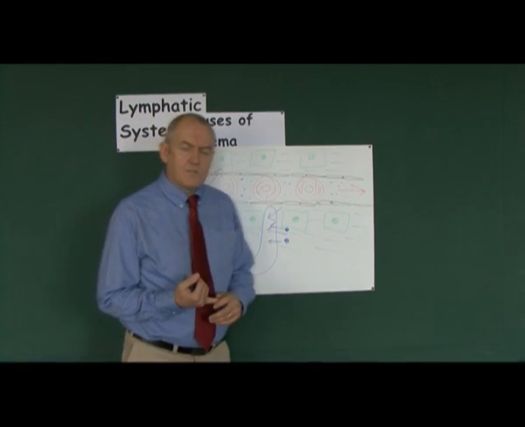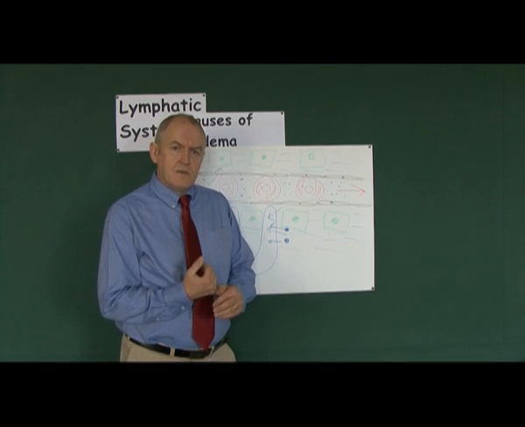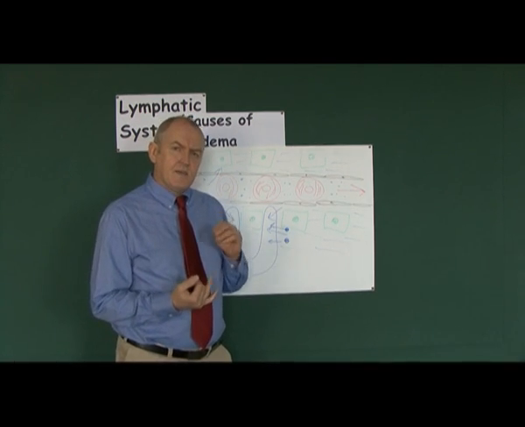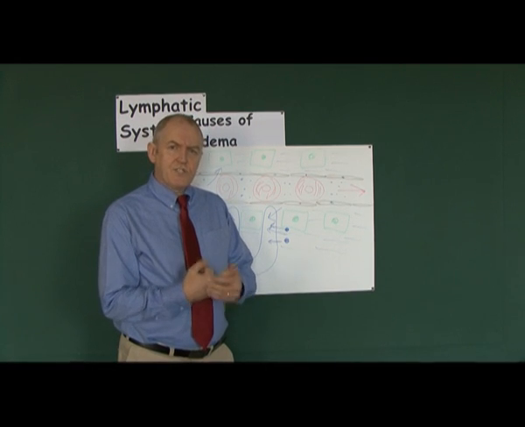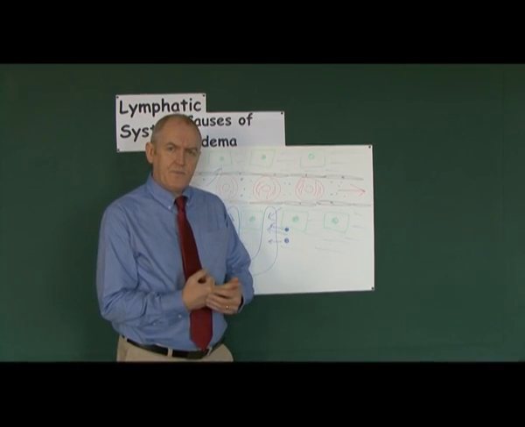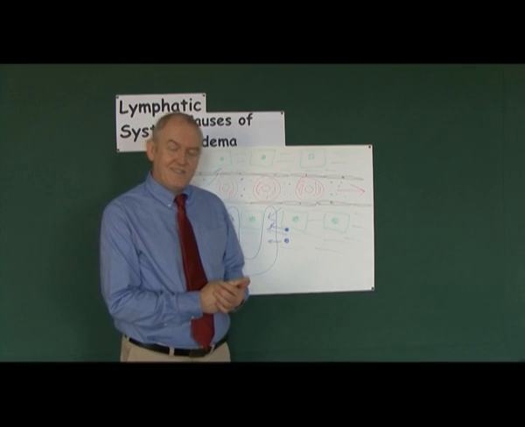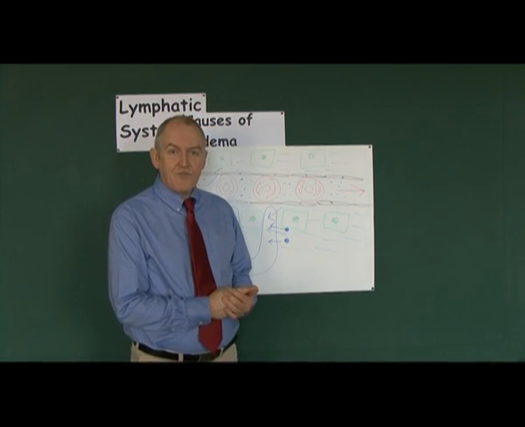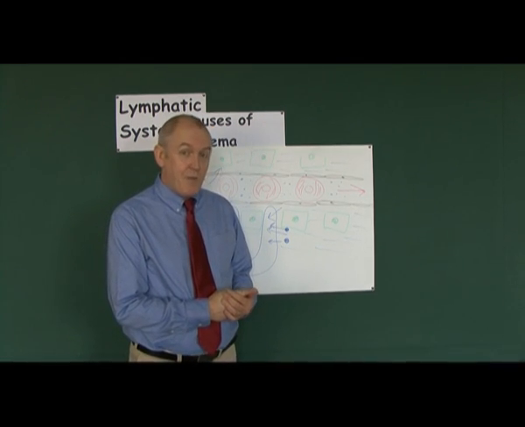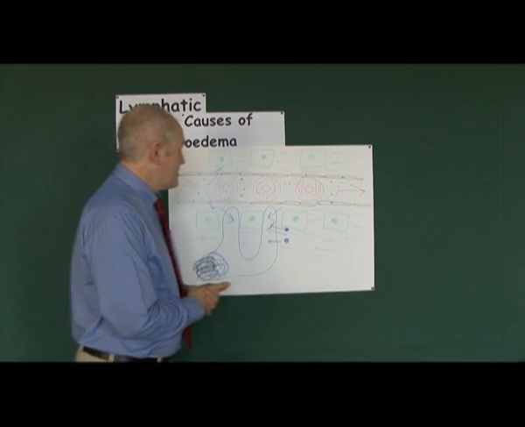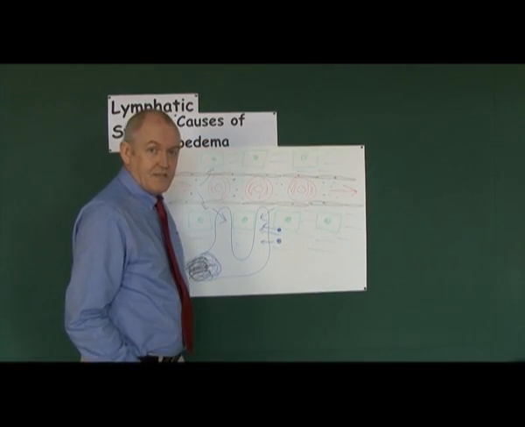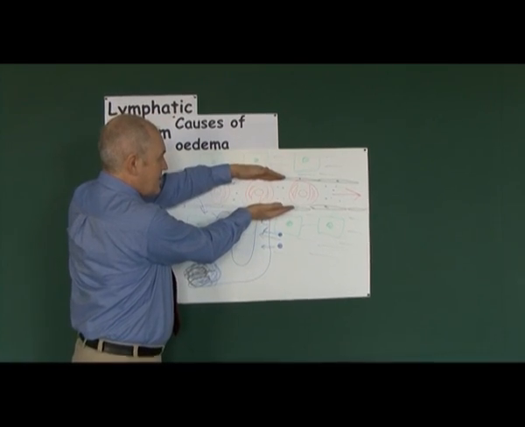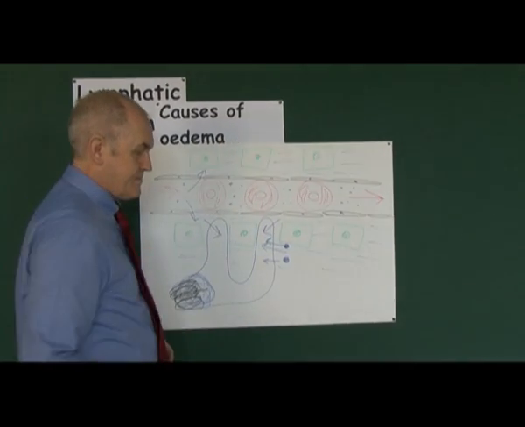So edema can be caused by increased capillary pressure, decreased plasma protein, reduced lymphatic drainage, and I can only think of one more actually, and that is if you get increased capillary permeability. So if inflammatory mediators act on a capillary, the capillary will vasodilate.